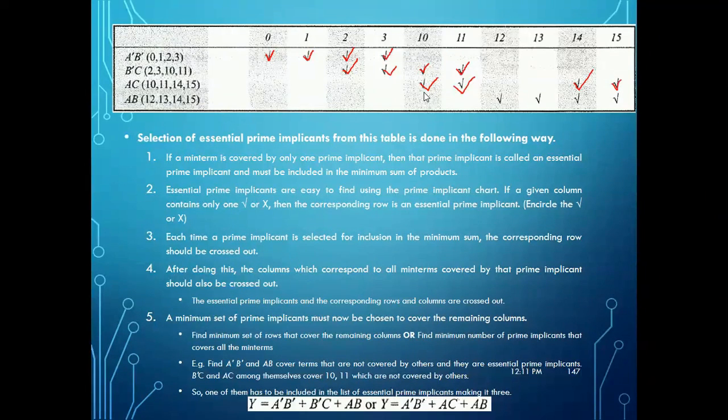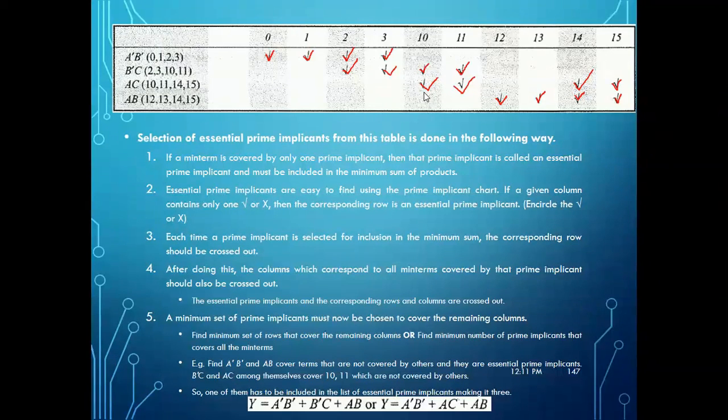And ab has the values 12 13 14 15, so 12 13 14 15 are selected. This is the first foremost step you have to do while solving the prime implicant chart. What will you do in the next step?